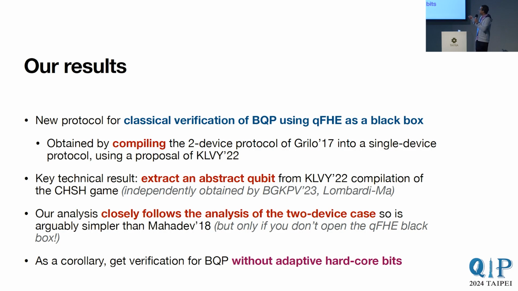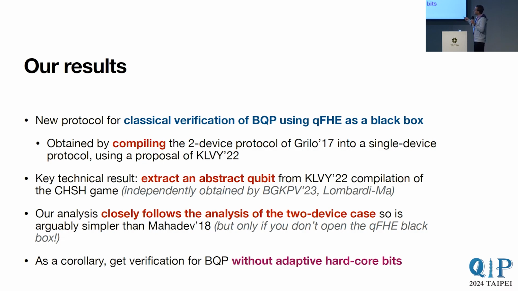In particular, we take the protocol of Grillo, and we apply a certain transformation due to Kalai, Lombardi, Vaikuntanathan, and Yang from 2022, something that they call a compiler, which takes any 2-device protocol of a certain form and maps it to a 1-device protocol. And we show that this compilation procedure applied to Grillo's protocol for BQP gives you a 1-device protocol for all of BQP.